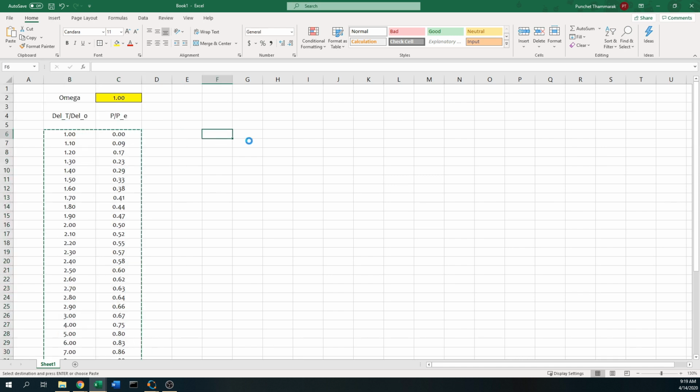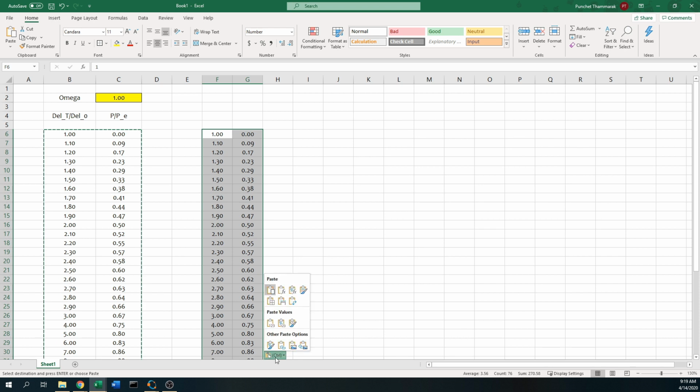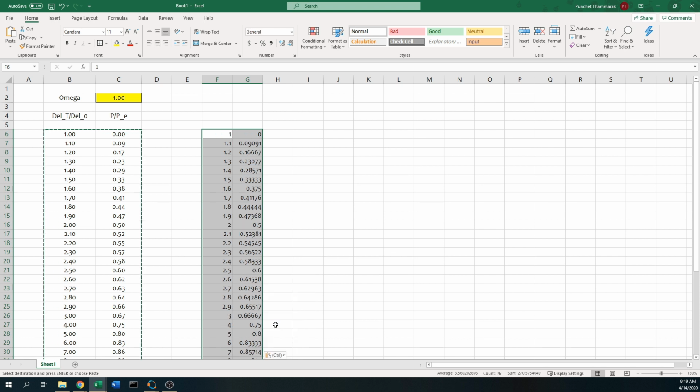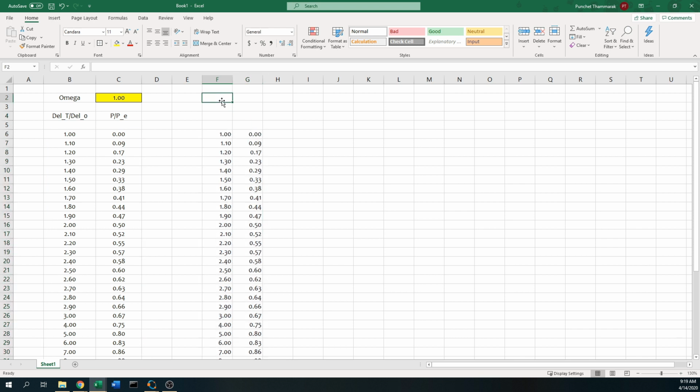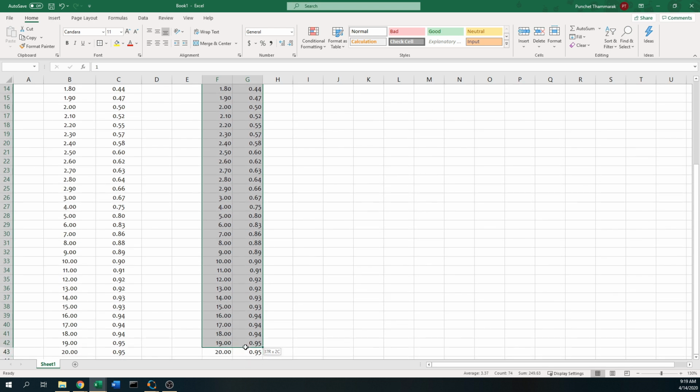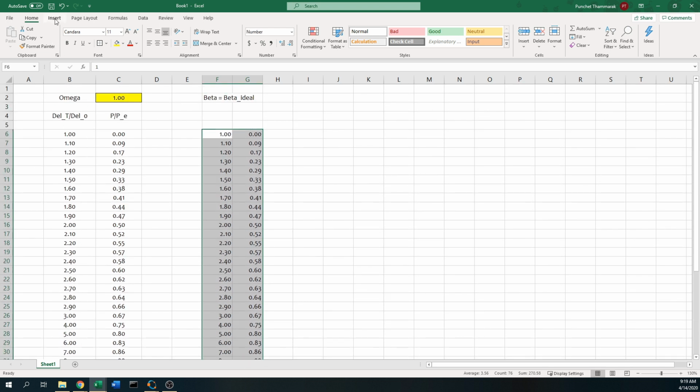I will just paste it just alongside, and I'll paste just the numbers. Okay, like this. This is for beta equals beta ideal. That means the omega is 1.0. Now let's take a plot and see how the curve looks like.